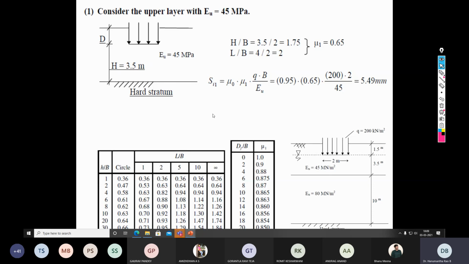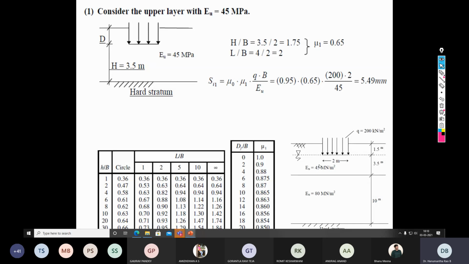But by doing so, you will underestimate the elastic settlement. Say for example, in this equation, let us take this example only. If I take 200 for layer 1 and layer 2, you will get higher settlement.